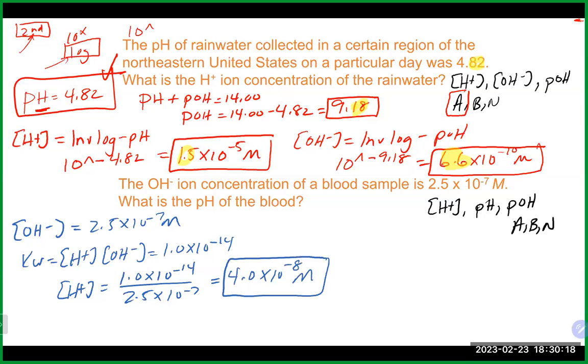At this point, we have both the H plus concentration and the OH minus concentration, which means we could go right into our equations. pH would equal minus the log of the H plus, and that would then be minus the log of 4.0 times 10 to the minus 8.